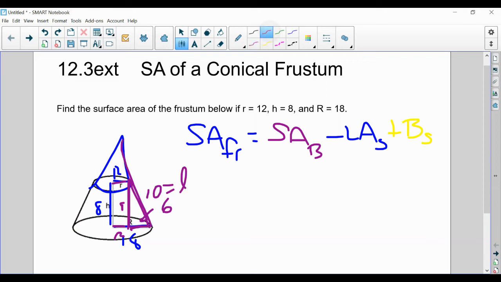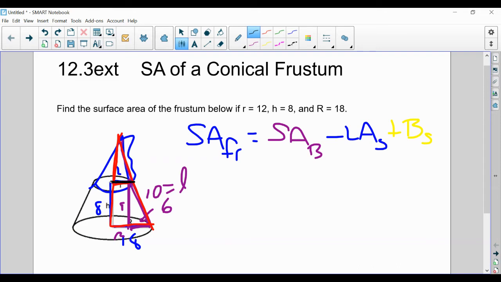Now, luckily for us, we have similar triangles there. So I'm going to use proportions to figure out what the slant height of the smaller cone is, and then add that to 10, and that's the slant height of the larger cone. The two measurements that we know we have are the two radii.